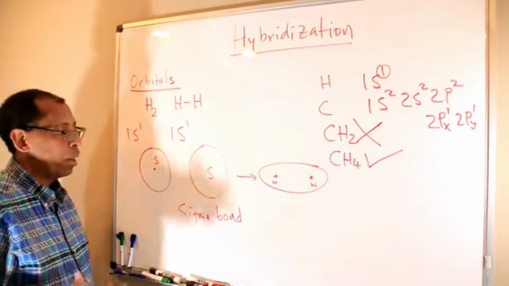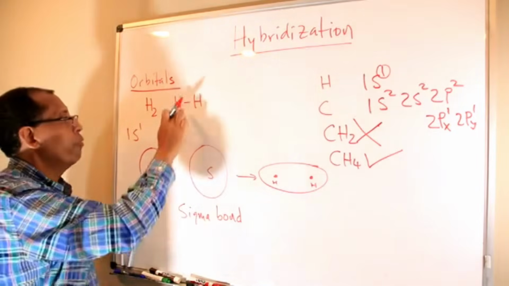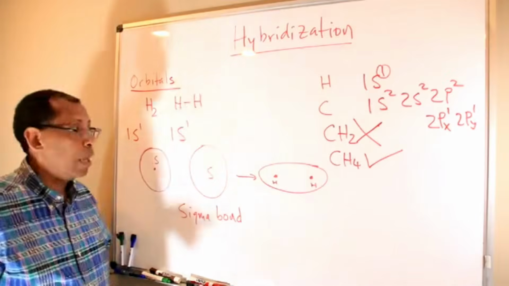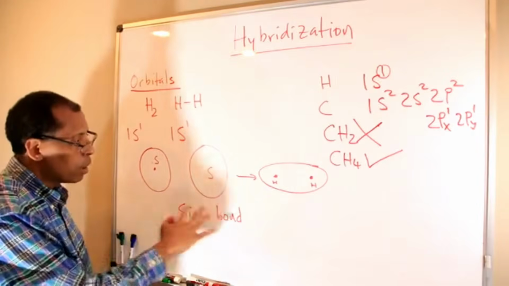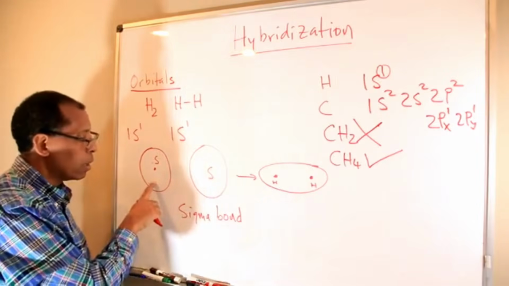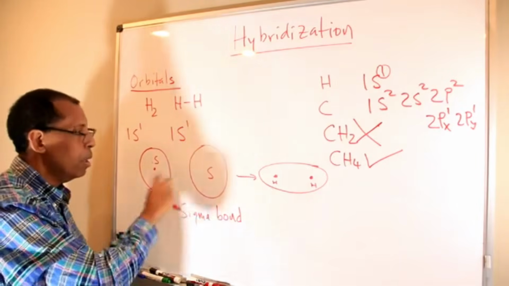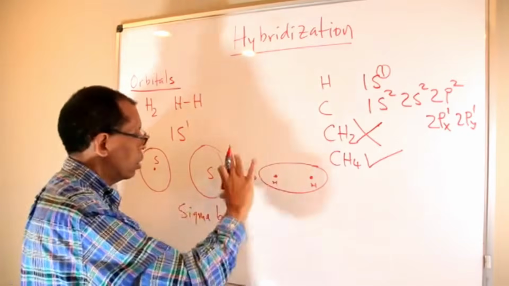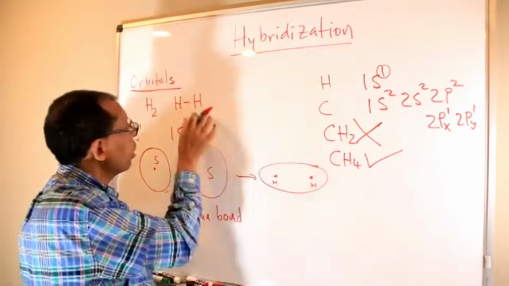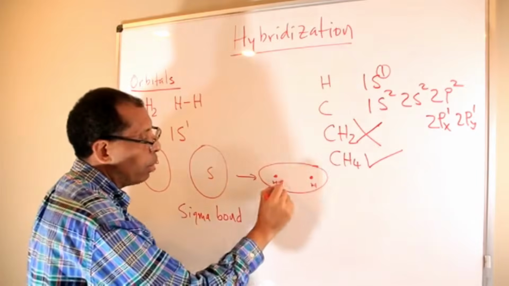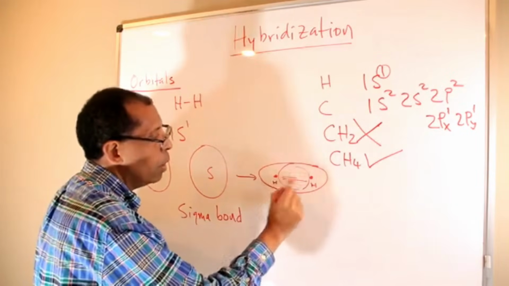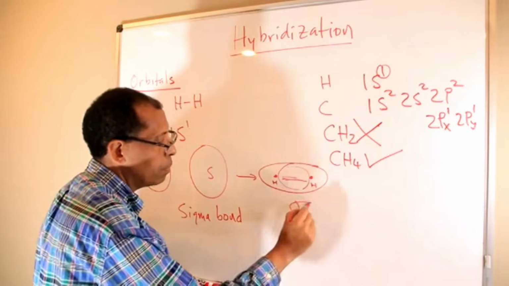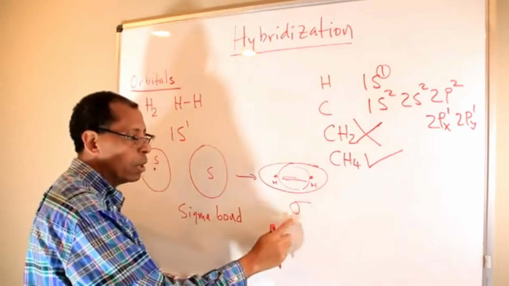So now we are going into details of what this bonding looks like by way of hybridization. This is a simple case where an s and s overlap. They make this cylindrical shape molecule where the electron density is high here, which is a sigma bond, denoted by this symbol.